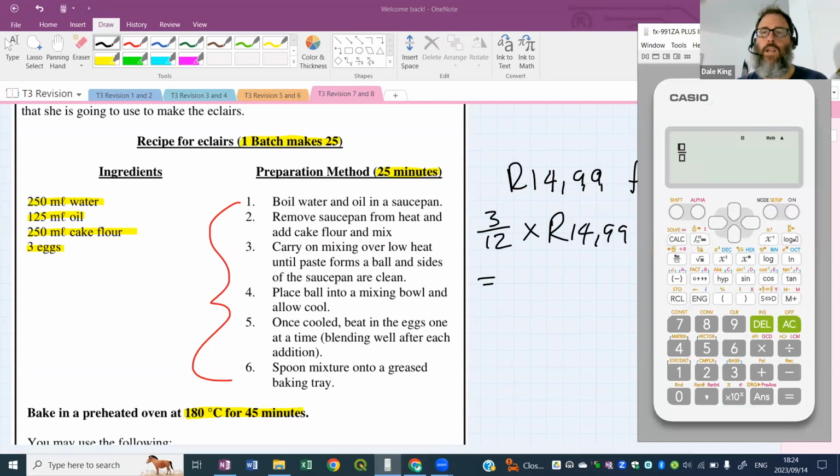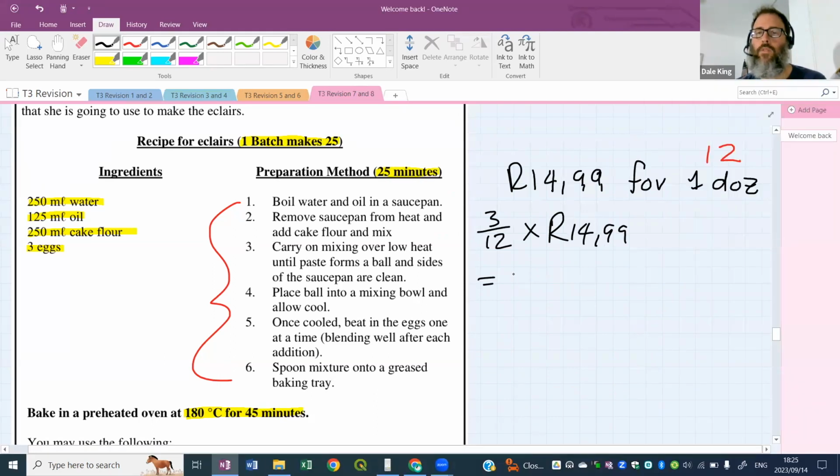There's 3 out of 12 that I need for my recipe, so I need 1/4 of a dozen. So what's 1/4 of $14.99? 3.7475, which is 3.75. That's one way of doing it.